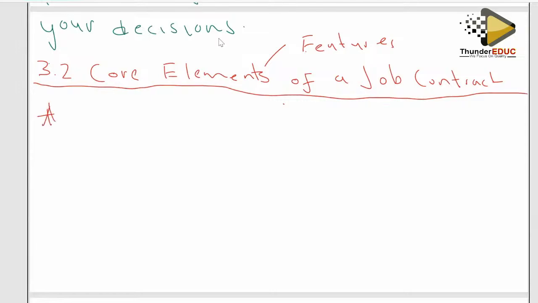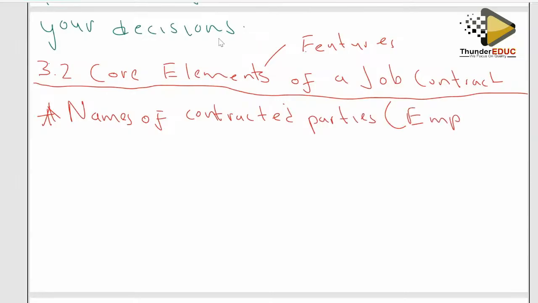So the first one should have the names of contracted parties. In this case, a job contract should include the employer and employee, the names of the employer and the names of the employee.